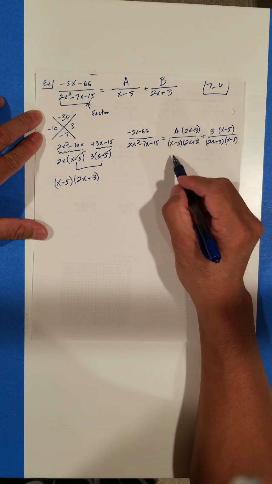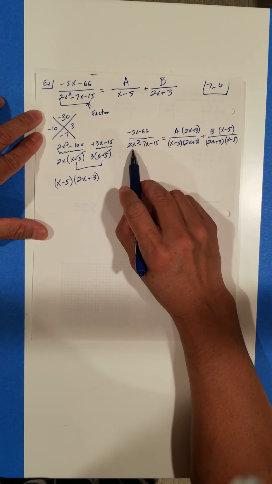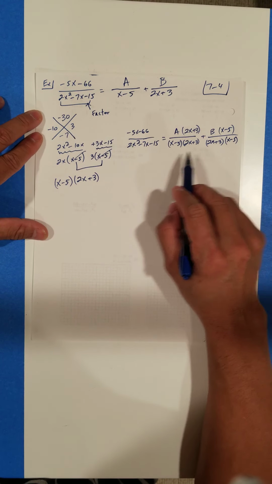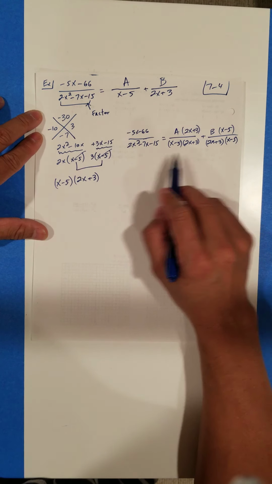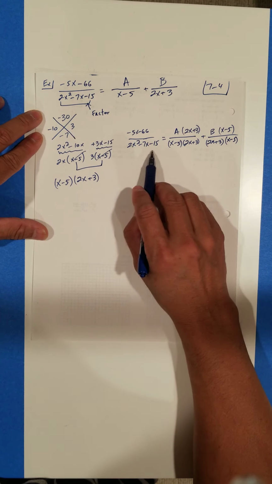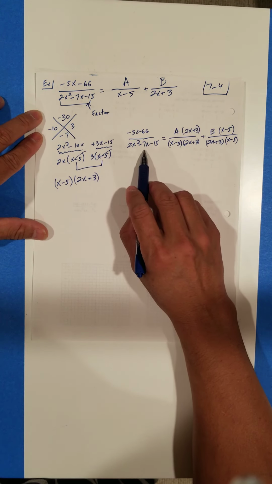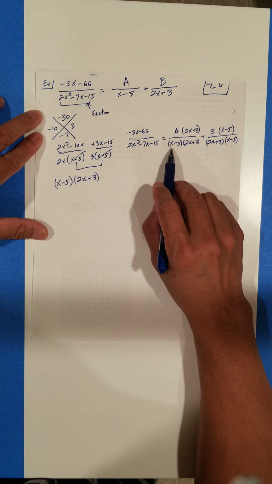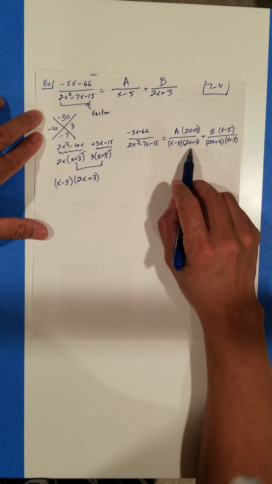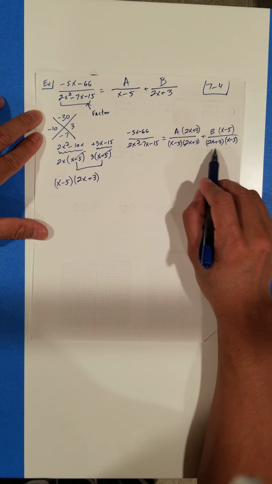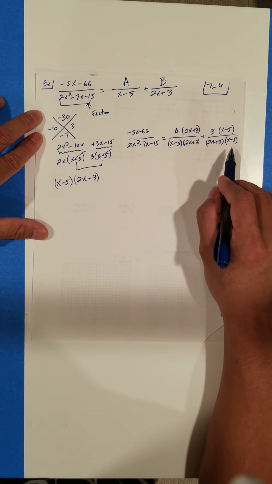Now if you notice, my denominator on all three fractions is the same. It's just that 2x squared minus 7x minus 15 has been FOILed out: x minus 5 times 2x plus 3, and it's the same thing if I put them backwards.